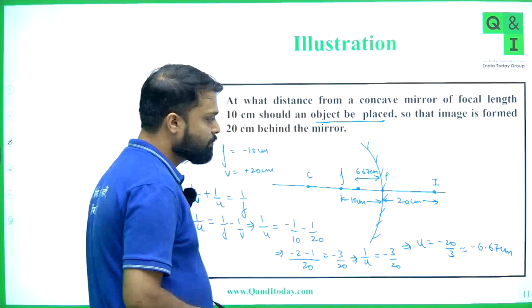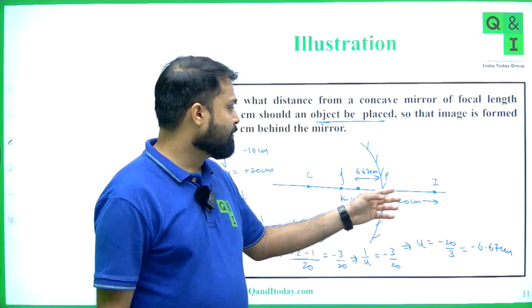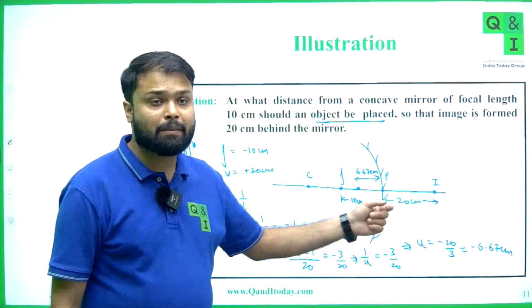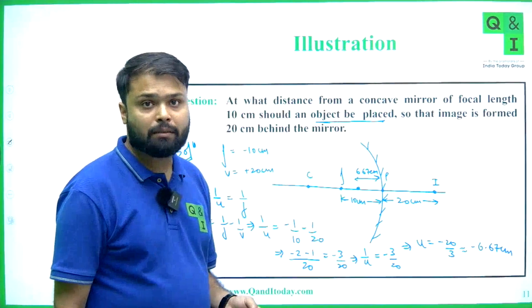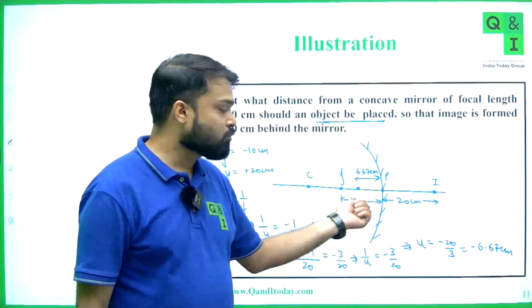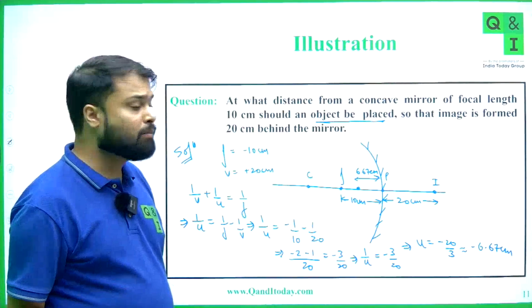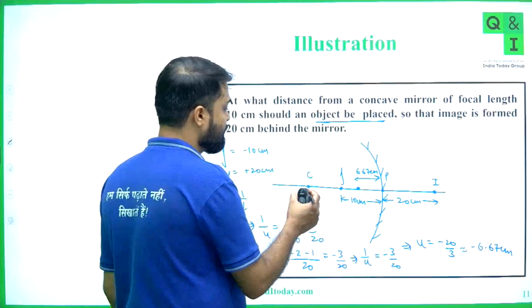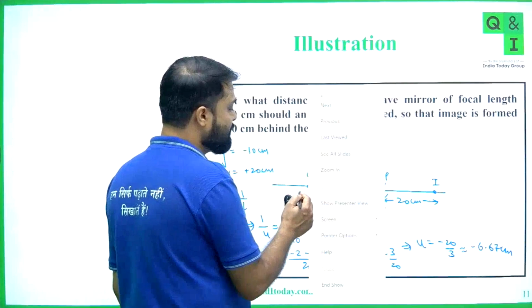centimeter. We know that in case of a concave mirror, if the image is formed behind the mirror, that means our object is placed between pole and focus. We can verify our answer also, yes or no. Now, if you place the object at 20 centimeter, you are placing the object at the center of curvature.